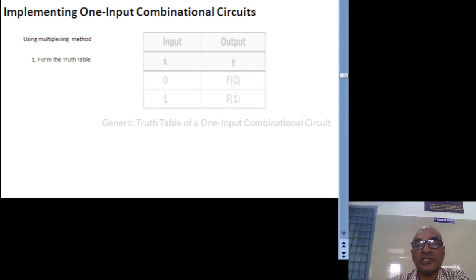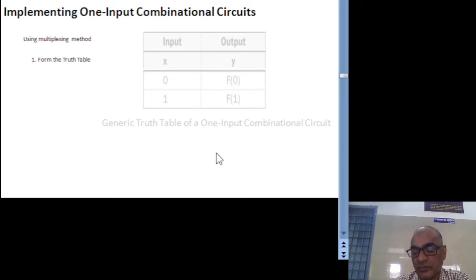Actually, this lookup table implementation is based on the truth table. So for the one input combinational circuit case, let us see how to develop the truth table.